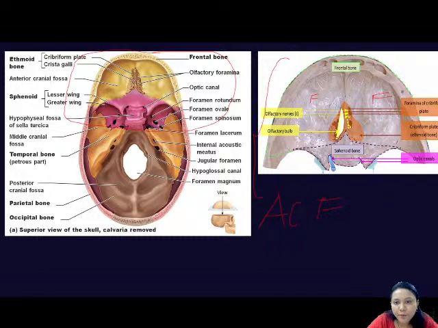So you can see the orbital plate of the frontal bone.